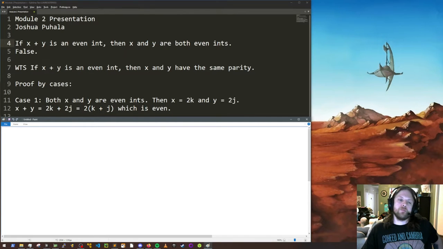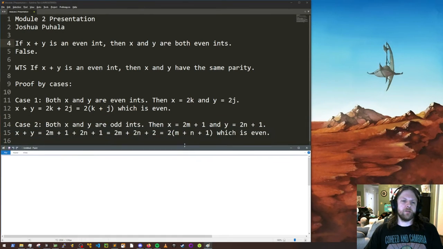If we plug this in algebraically, x plus y becomes 2k plus 2j, which you can factor out the 2 and just have it be 2 times k plus j. k and j both being integers means that k plus j is an integer. 2 times an integer is, in fact, even, which shows that x plus y is even, and x and y have the same parity.